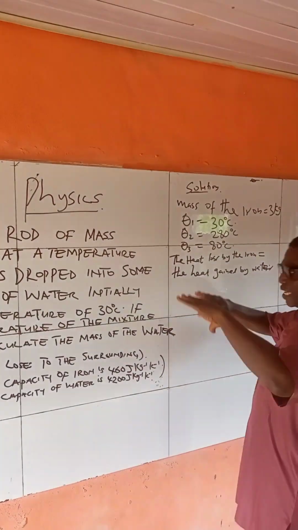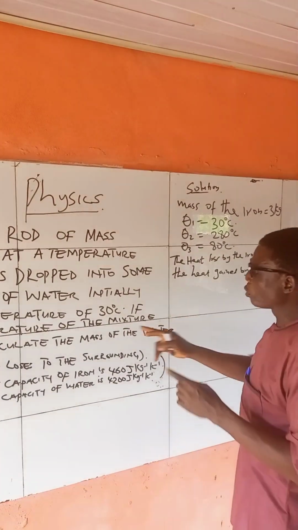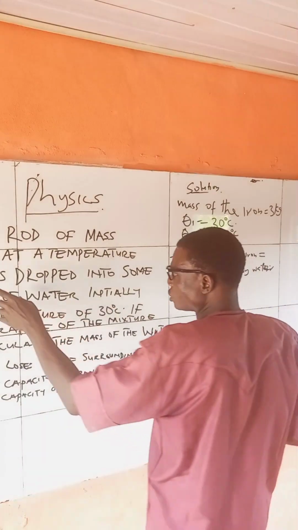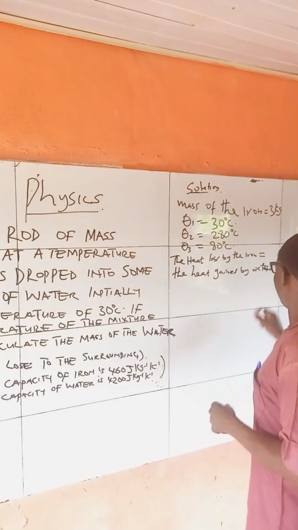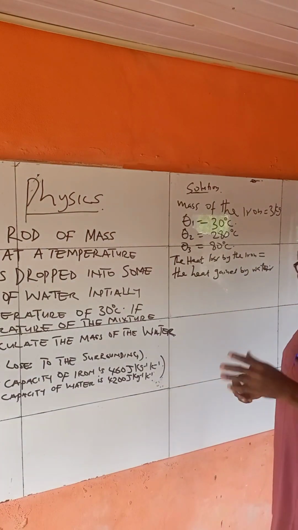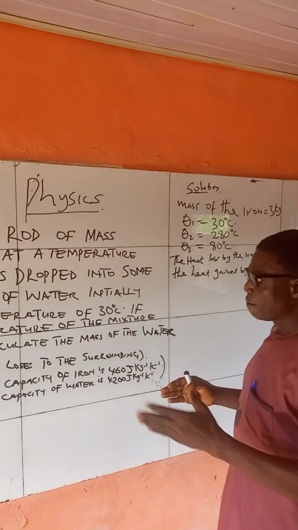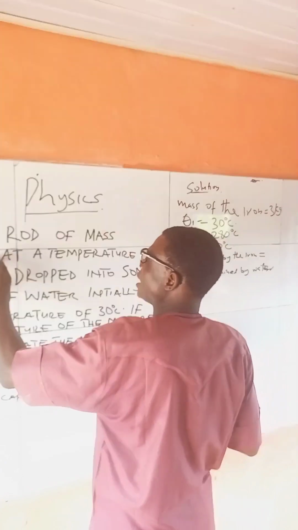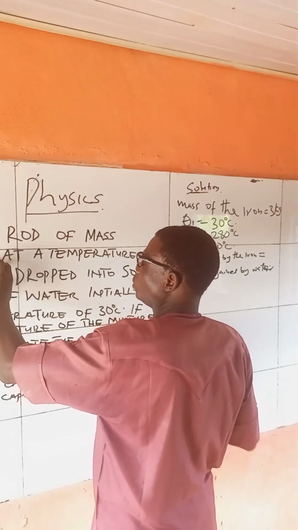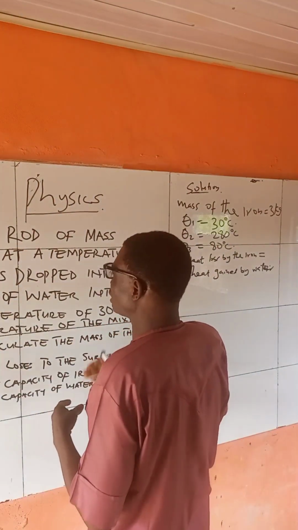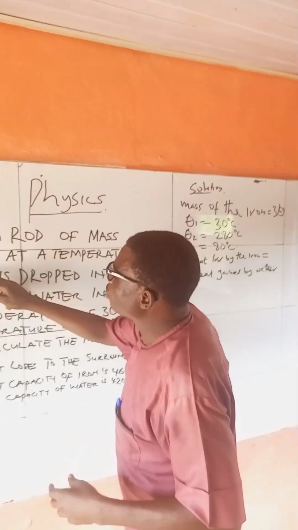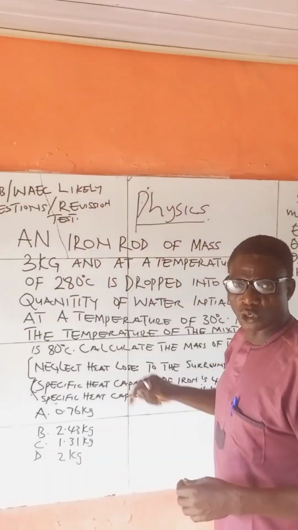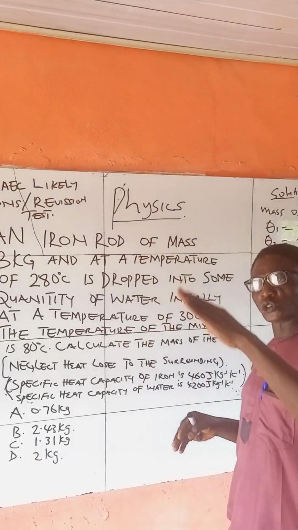For the mixture to reach 80, the heat lost by the iron must be equal to the heat gained by the water. Because the water is at a lower temperature, its temperature will rise, and the iron, at a higher temperature, will come down.